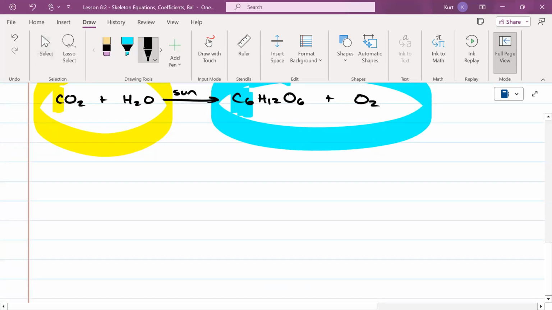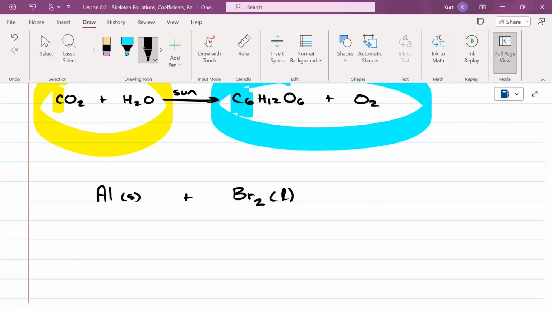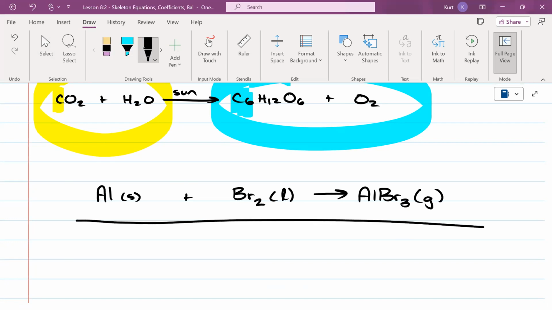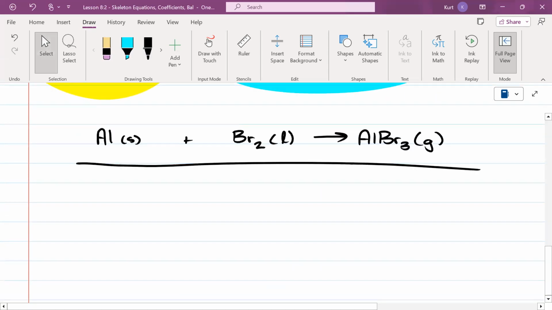Let's do our first question. Our first equation, actually. Aluminum plus bromine yields aluminum bromide. Madeline, how many aluminum atoms are there on the reactant side?